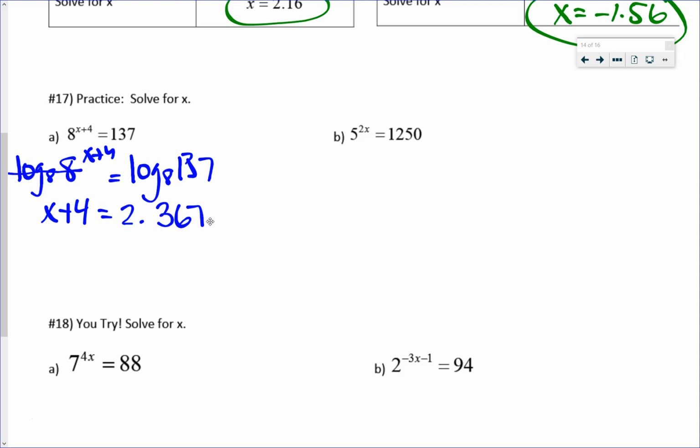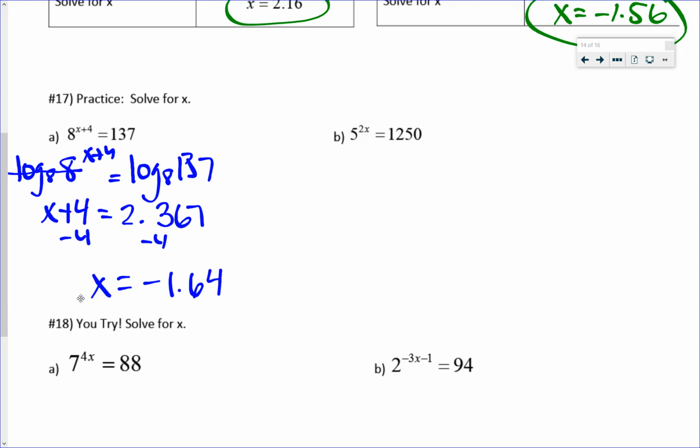Okay. All right, now what? Now we subtract 4. So I have x is equal to negative, what? It's negative 1 point something. Good, like that. And our negative's okay for answers today.